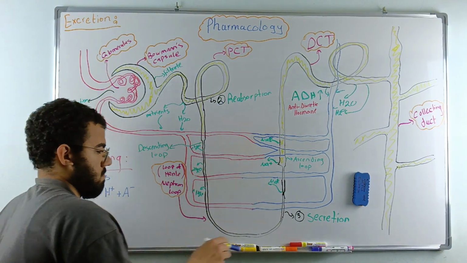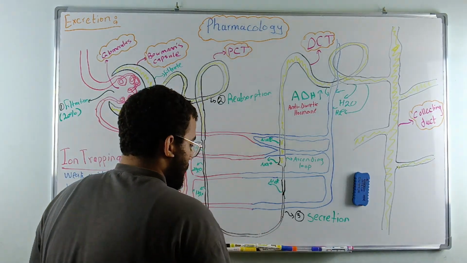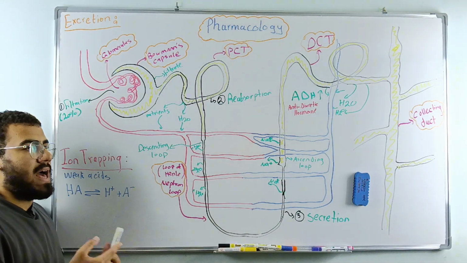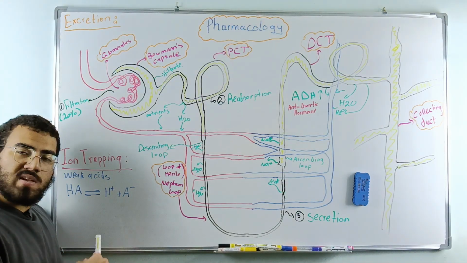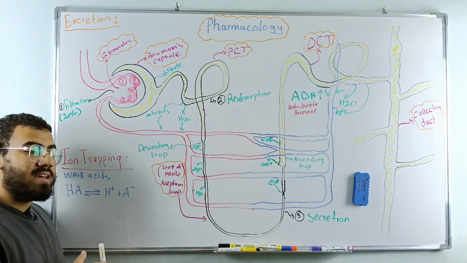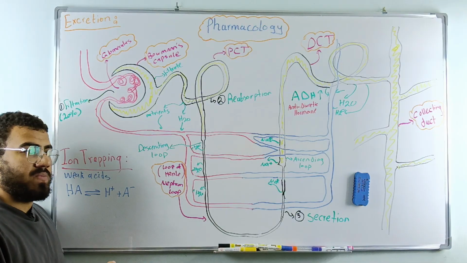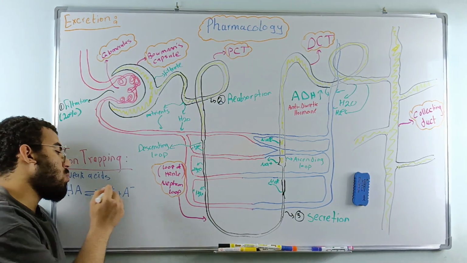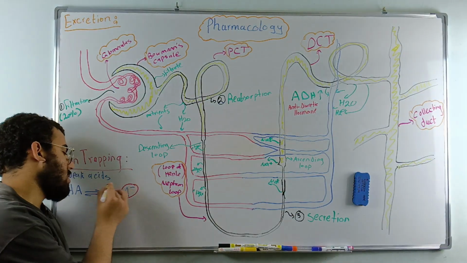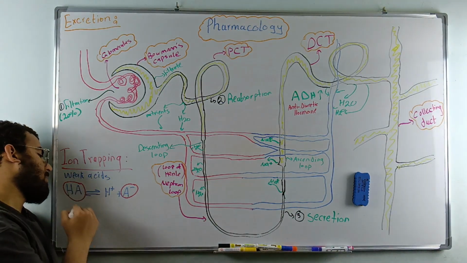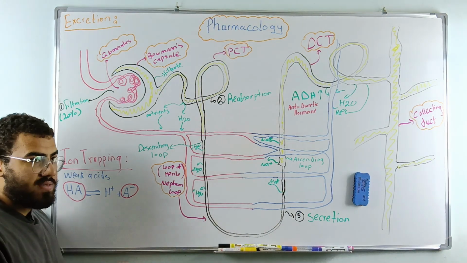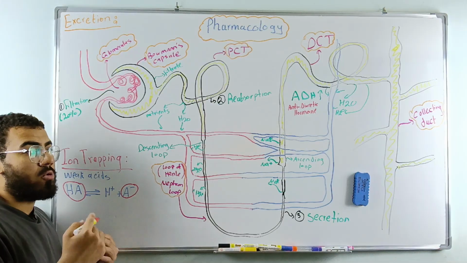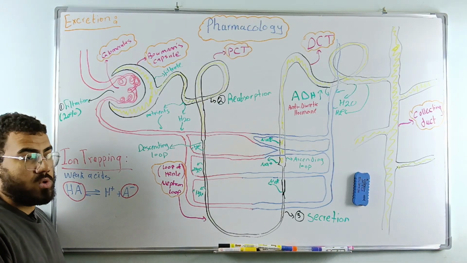So what do you do in here? We mentioned a lot of times, what is the substance that would get more easily reabsorbed inside the blood vessels? Is it the polar one or the non-polar one? The one with charge or the one without charge? The one without charge is the one that's going to be reabsorbed easily to the blood vessels.